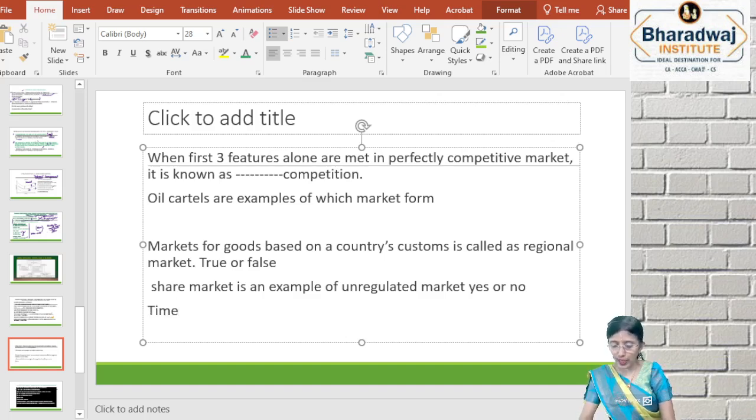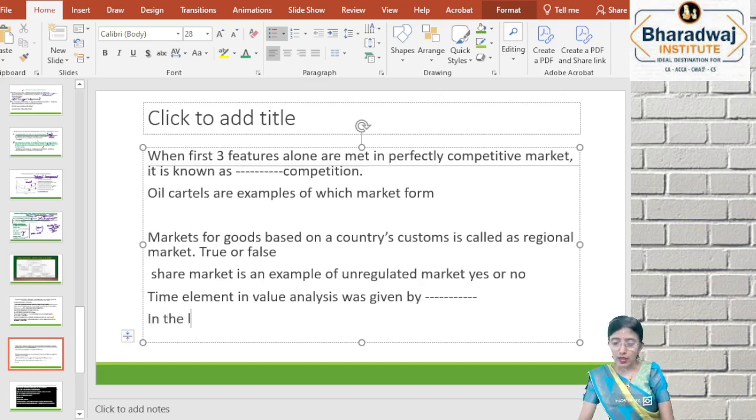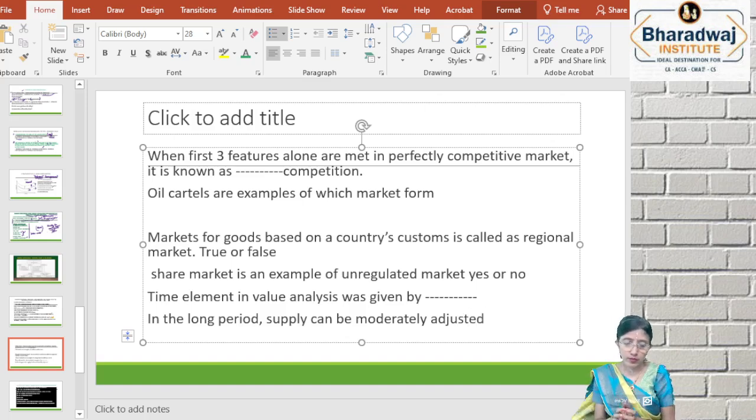Time element in value analysis was given by dash. In the long period, supply can be moderately adjusted. True or false?